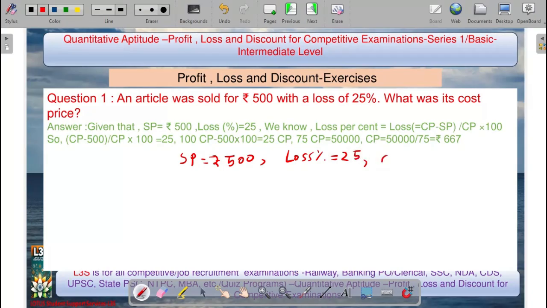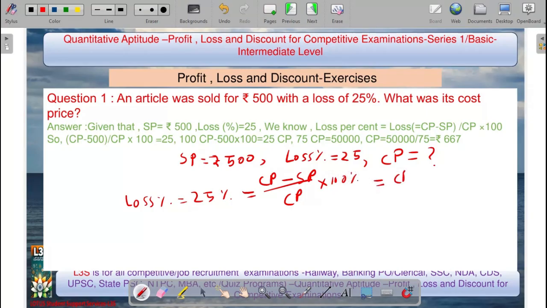What we have to find out is the cost price. So we know the loss percentage formula: 25% equals loss by CP into 100%. In this case, CP will be more than SP, that is why it is a loss.